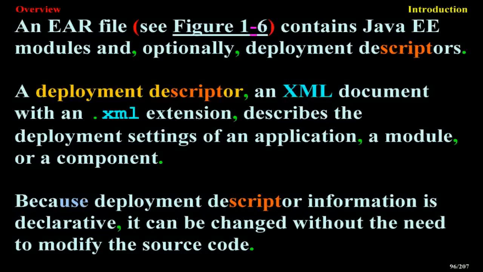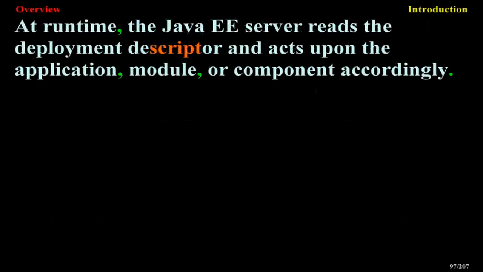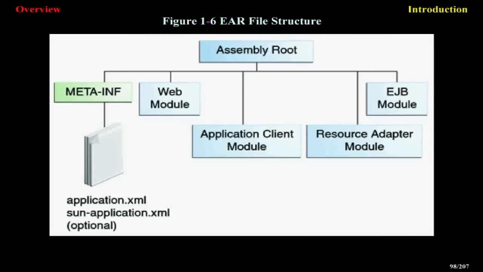Because deployment descriptor information is declarative, it can be changed without the need to modify the source code. At runtime, the Java EE server reads the deployment descriptor and acts upon the application, module, or component accordingly. Figure 1-6 EAR file structure.